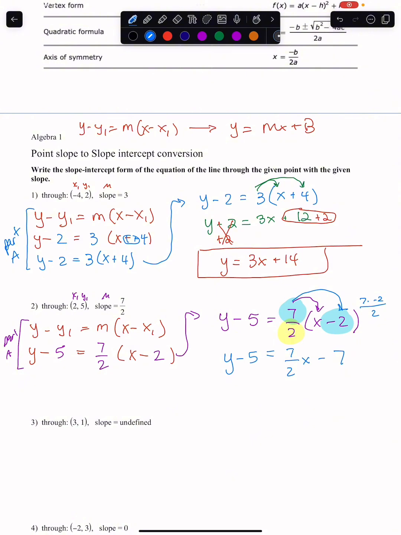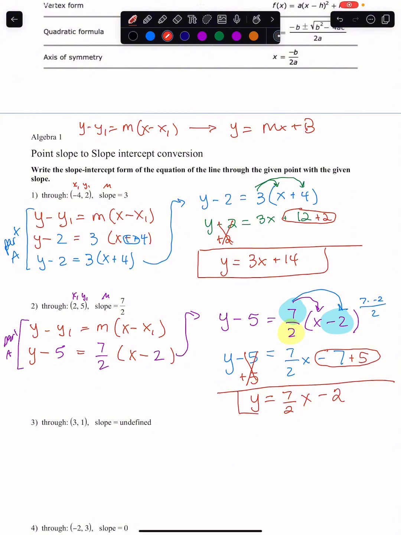Now, for the final step, we have to do the inverse of this minus 5 because we want to isolate the y by itself. So we're going to add 5, add 5. So y is going to equal 7 over 2x, negative 7 plus 5 is negative 2.